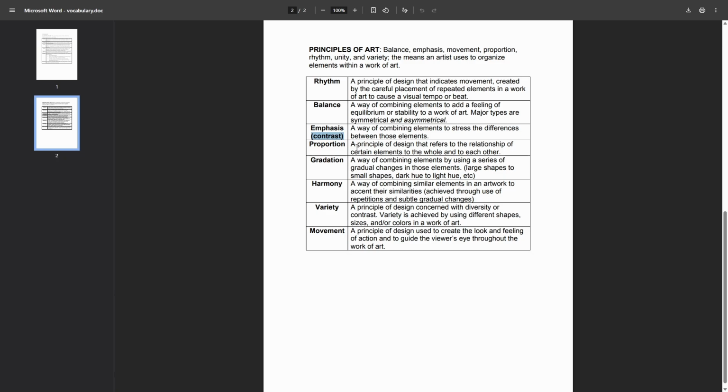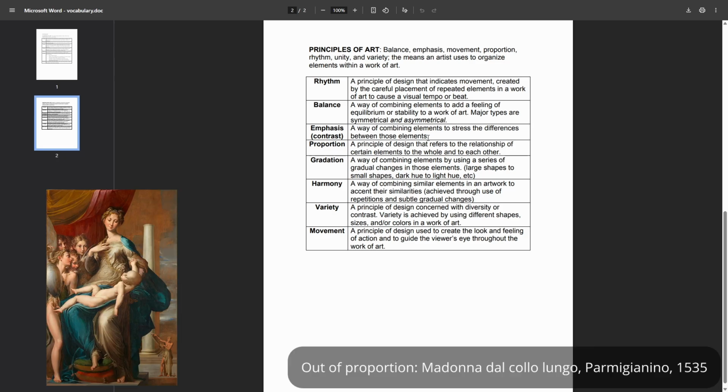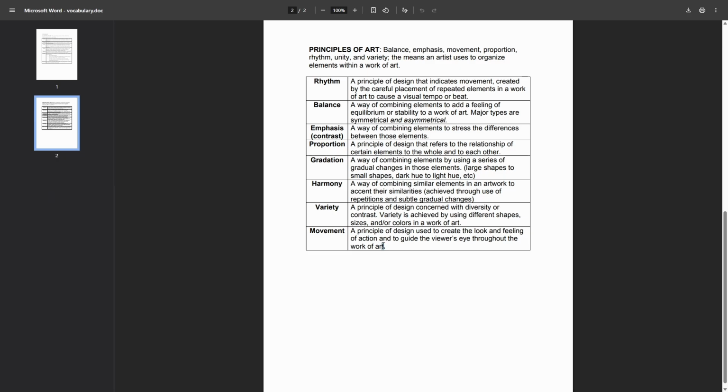We have the proportion principle of design that refers to the relationship of certain elements to the whole and to each other. So for example, if I have something that is really small, such as this period, and I have a human as big as this T, maybe if I imply that this point as well is a human, the T becomes a giant.